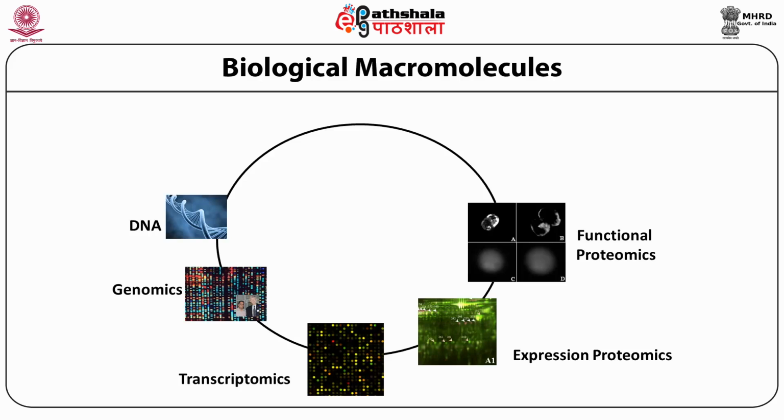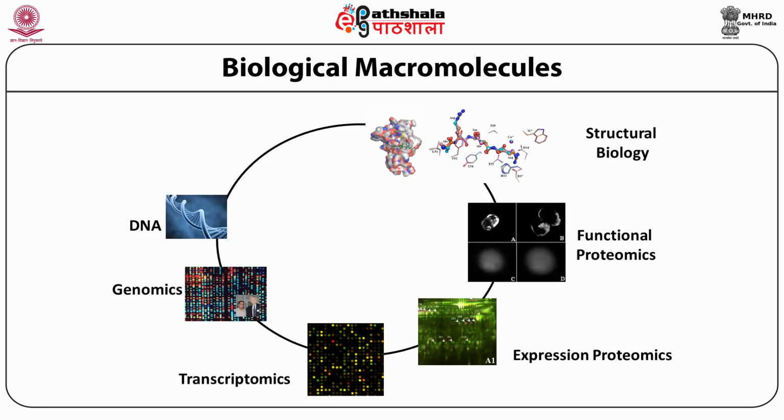Once a particular protein is established to be the key molecule in the implication of a disease, it then qualifies as a drug target. You then have the field of structural biology, which helps us to design molecules.